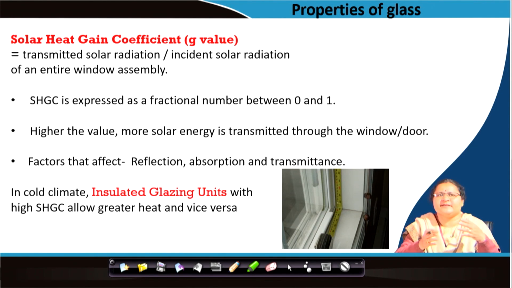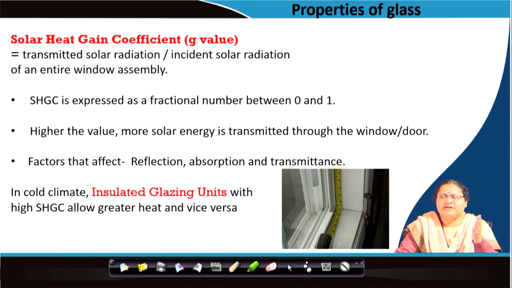If the glass transmits the entire energy, then the value will go to 1, and if it is not allowing the radiation to get inside the building, then you can get better control of the solar energy. So, the higher the value, the more solar energy is transmitted within the building through the window.